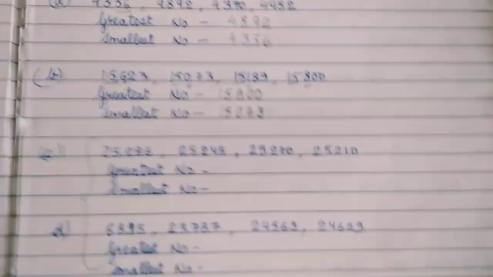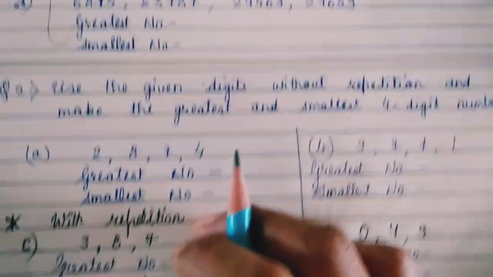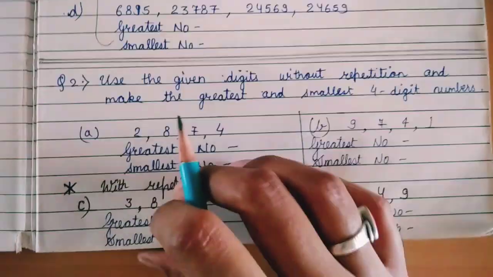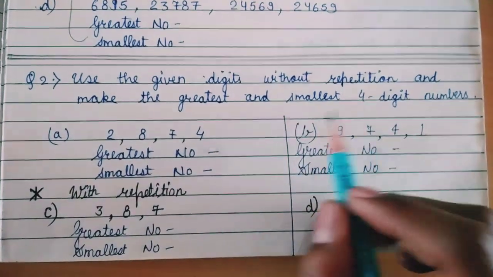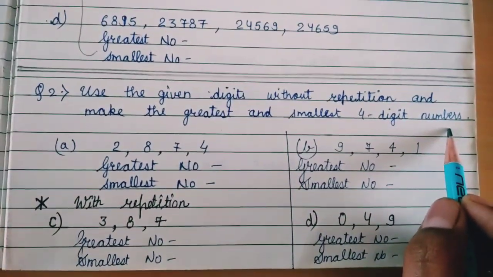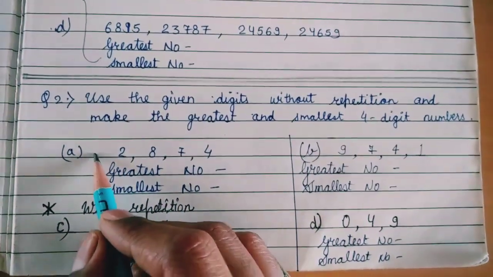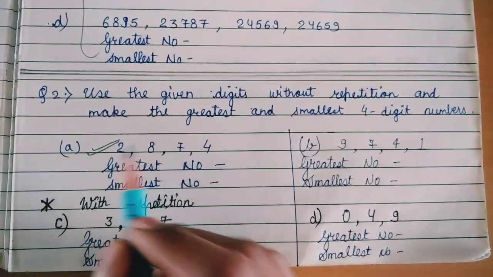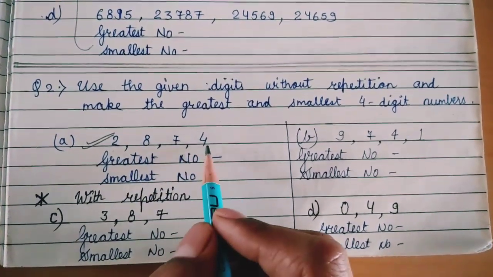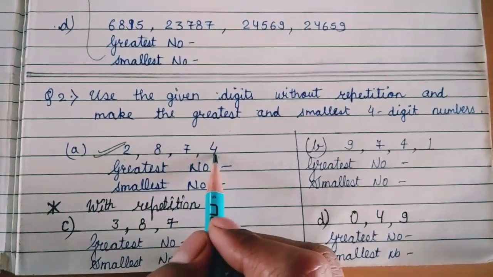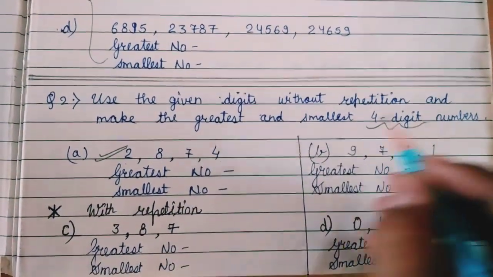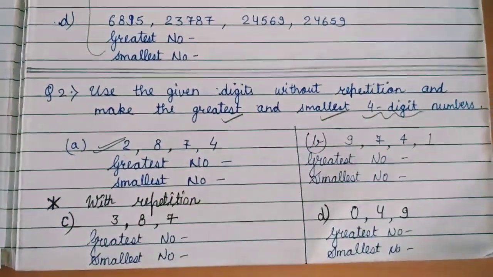Now the new topic is: use the given digits without repetition and make the greatest and the smallest 4 digit number. We have values 2, 8, 7, 4. Out of these 2, 8, 7, 4, we have to make the 4 digit smallest and greatest number.